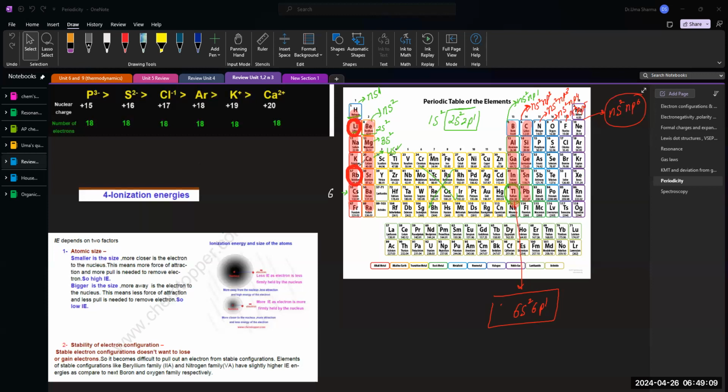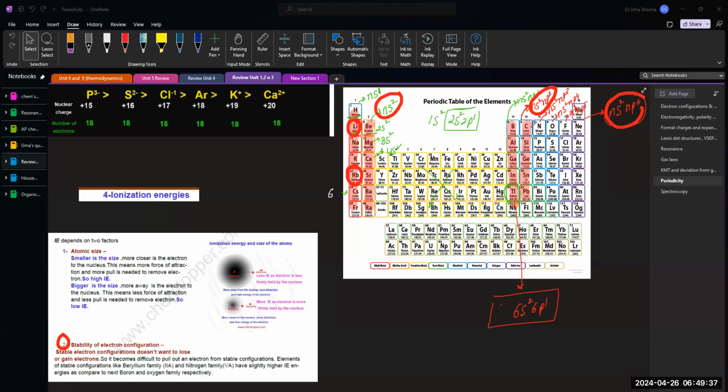Because you remember I told you which configurations are stable. ns2 is stable, ns2 np3 is stable, and these three are stable. No. So this factor, stability of electron configuration, is not valid down the group because every group has the same configuration.